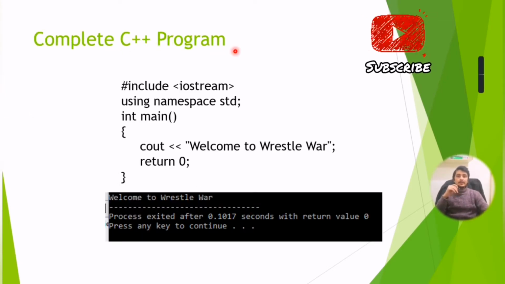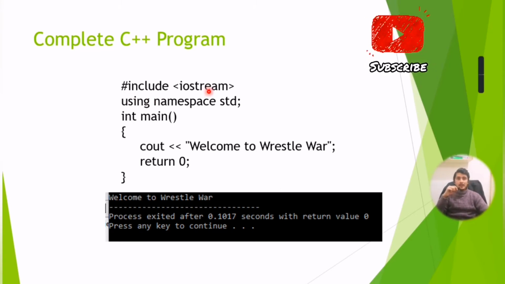So a complete C++ program: first, hashtag include iostream. Why did we write this? I will be telling you the basics of that. For now, just understand the basic complete C++ program.